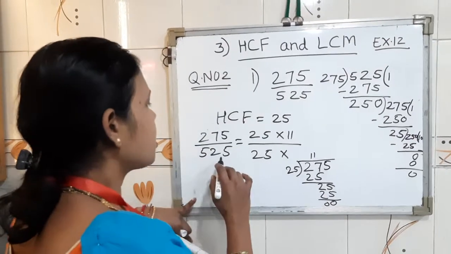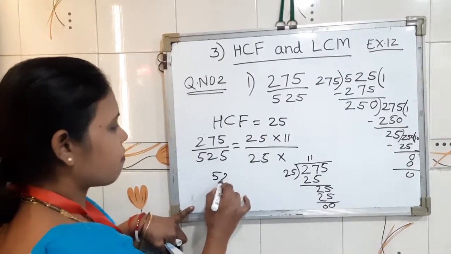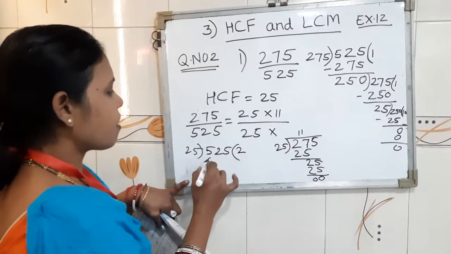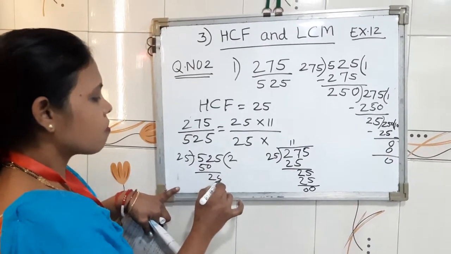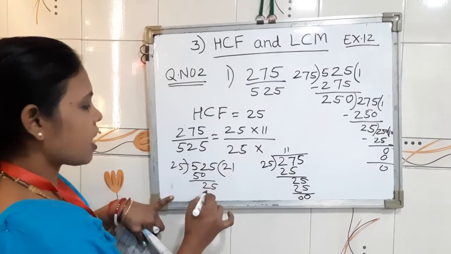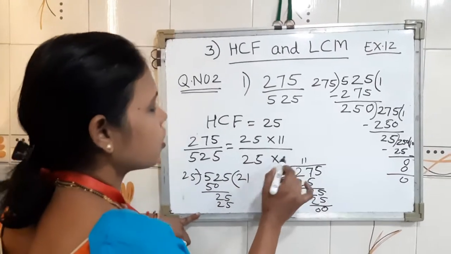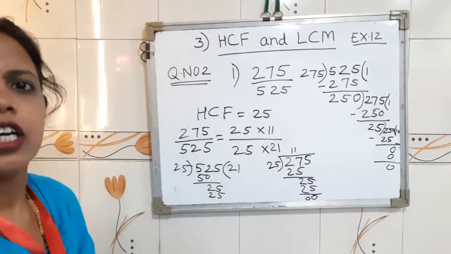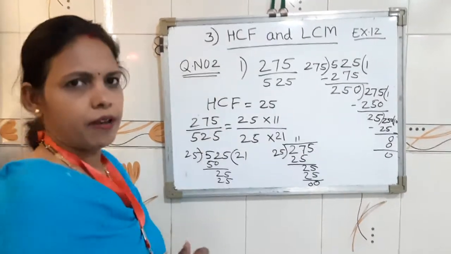Next one, here 525. 25 times 2 is 50. 2 5. 25 times 1 is 25. So 25 multiplied by 21 gives you the answer 525.